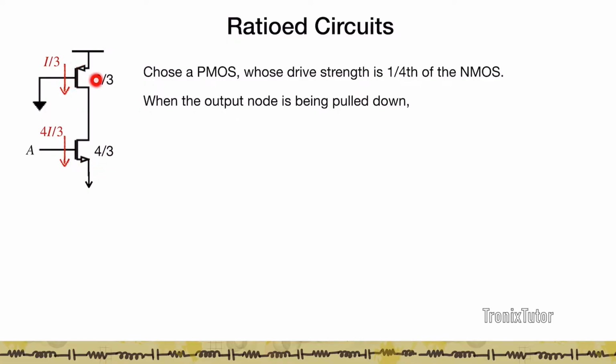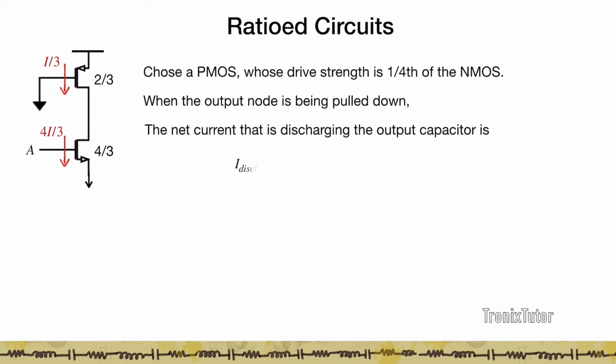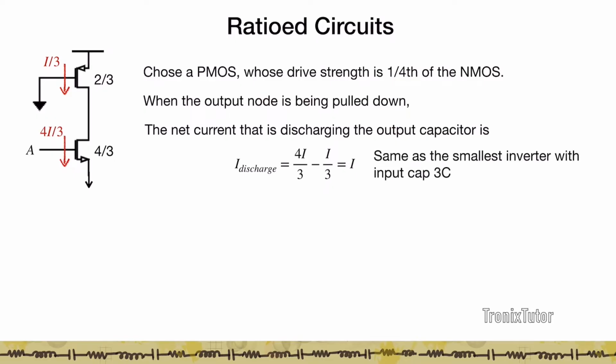The PMOS, however, because it's always on, is going to push an I/3 current from the supply towards the output node. So if I think about the capacitor sitting at the output node, the net discharge current of this capacitor is going to be 4I/3 minus I/3, which is I, the same current that would have flowed in a static CMOS inverter of size 2/1, right?